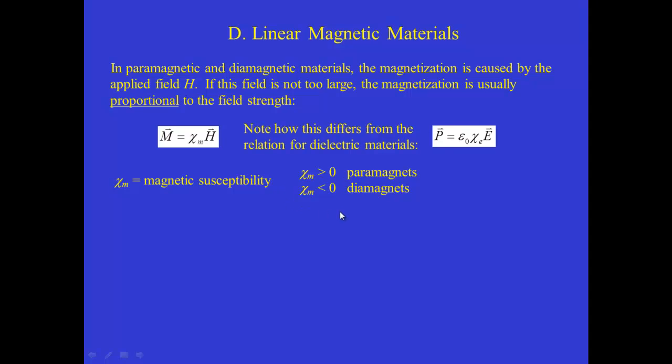In practice, many materials have both of these kinds of responses, and the question is simply which one is larger. That will determine whether the material overall is a paramagnet or a diamagnet.